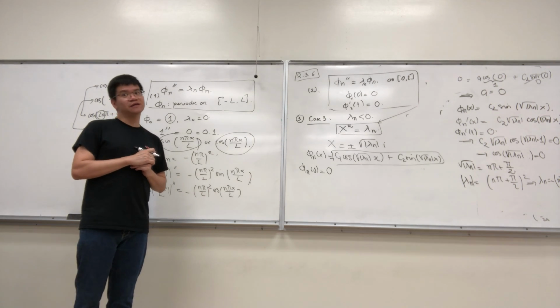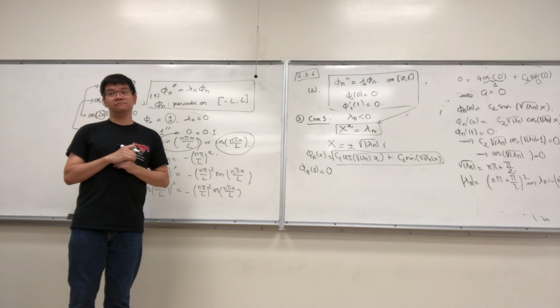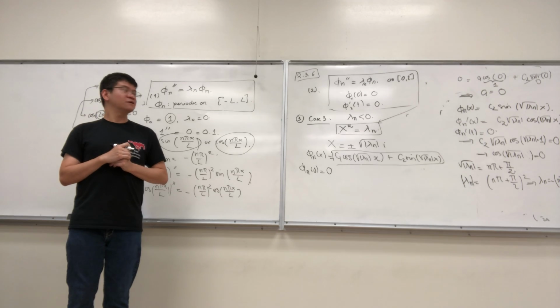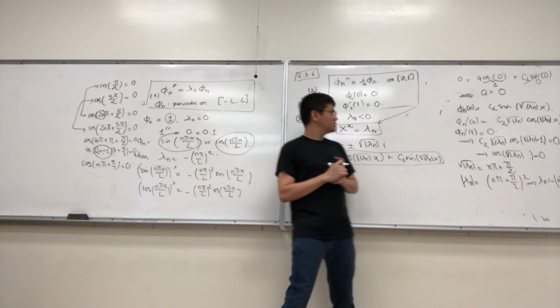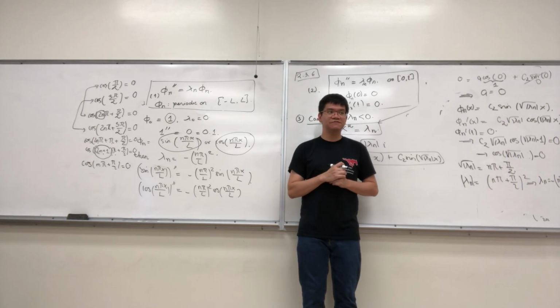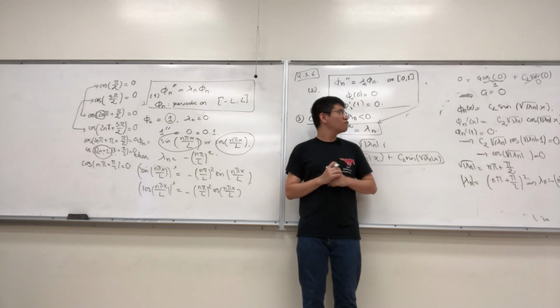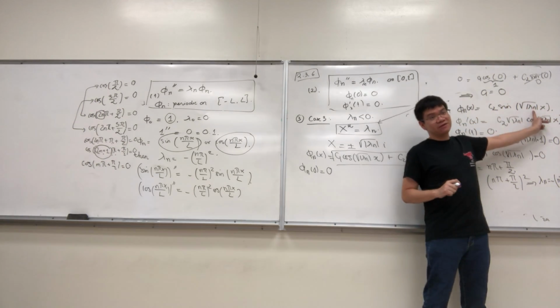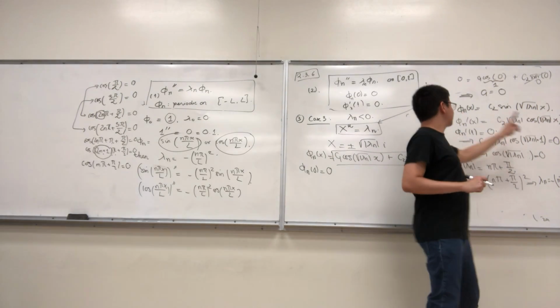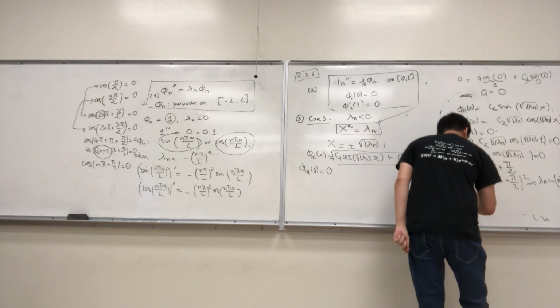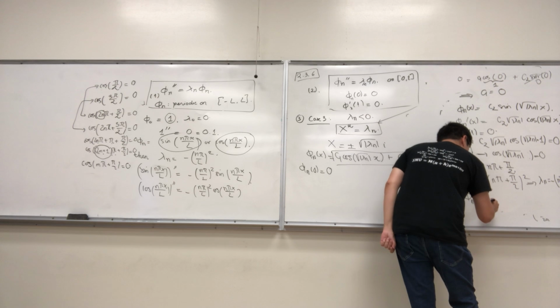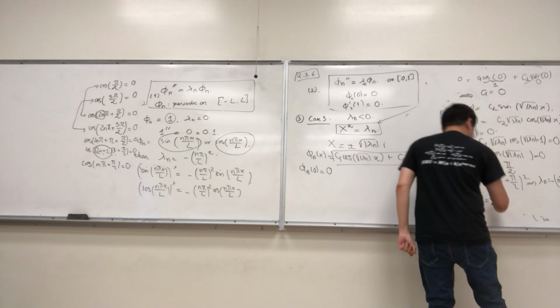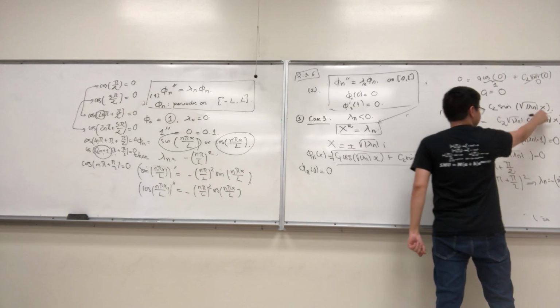What is phi n in this case? You just replace lambda n here, right? So phi n will be C2 sinus of this guy.